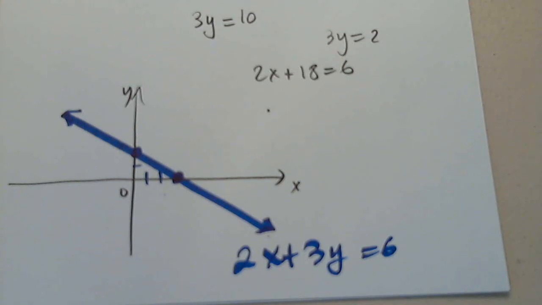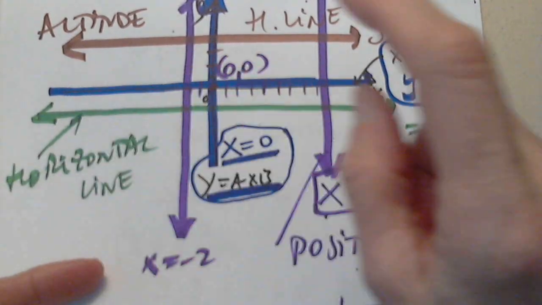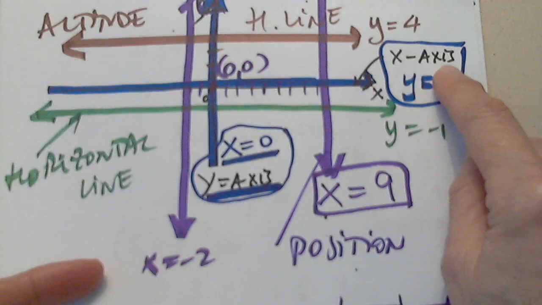Now I want to talk about these two points. When a line passes or crosses the x-axis, that is called the x-intercept.